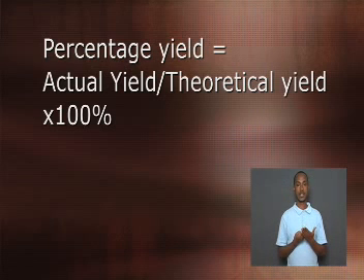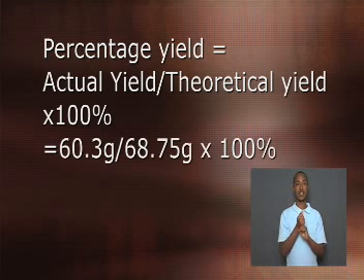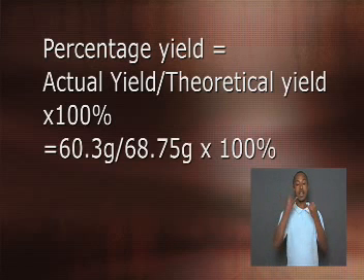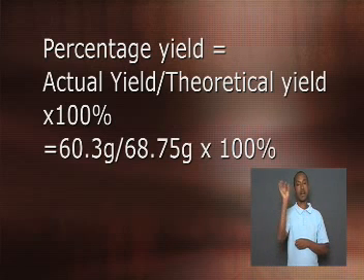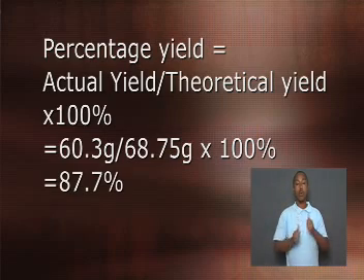Thus, our percentage yield equals 60.3 grams divided by 68.75 grams multiplied by 100%, which is 87.7%.